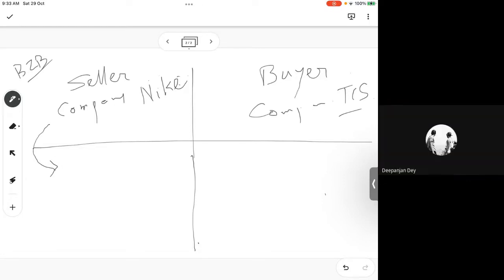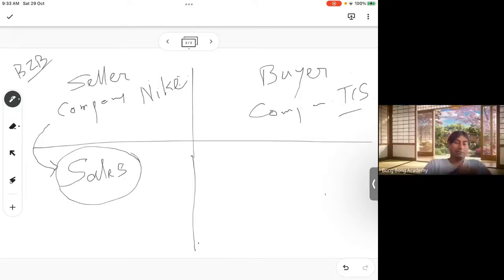The sales executive or the sales person who will be dealing with this particular deal. Not a marketing person, it's a sales person, the person who is basically selling these shoes to TCS. He will be recording the whole conversation and the whole management.